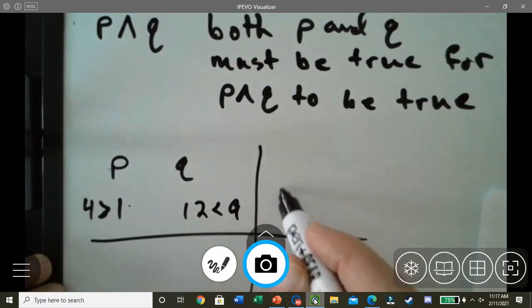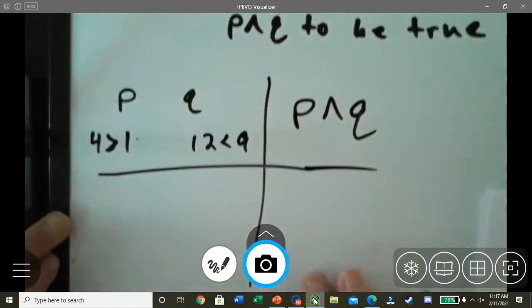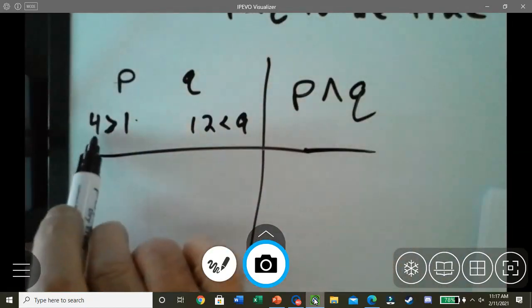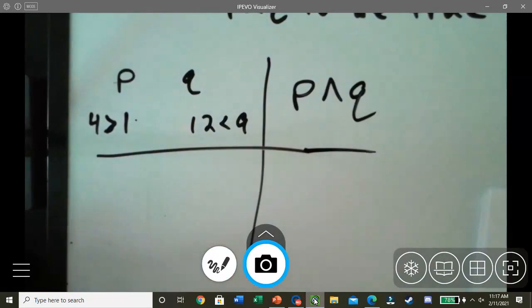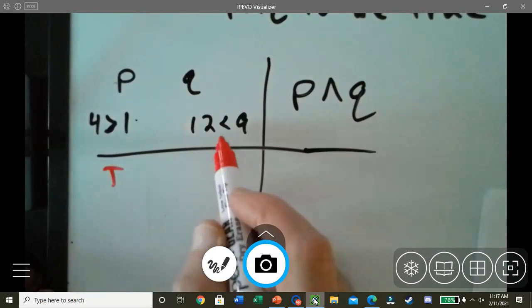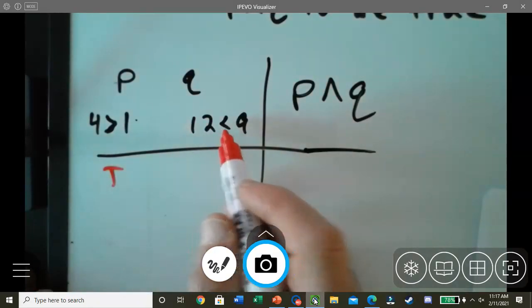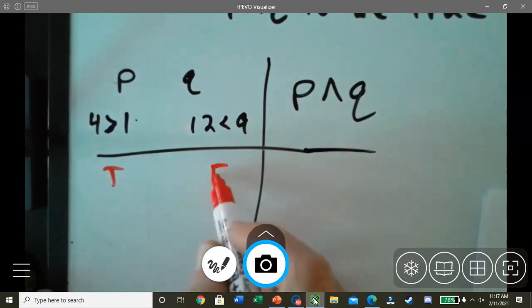So we want to know P and Q, okay? So it's true that 4 is greater than 1, right? So we put a true there. But it's false that 12 is less than 9. 12 is greater than 9, right? So that's a false statement.